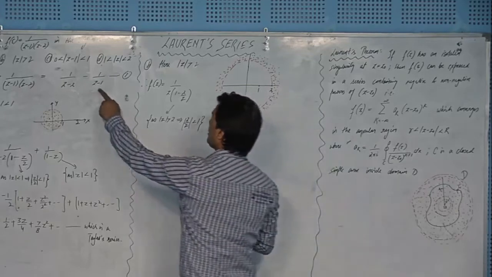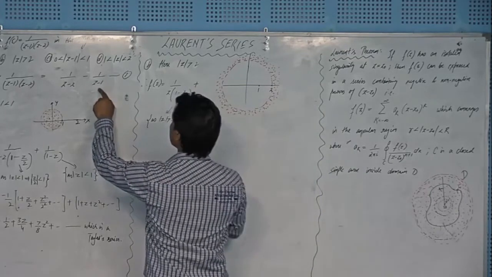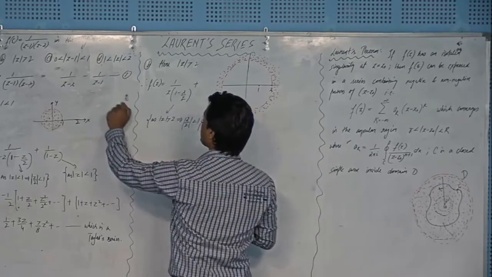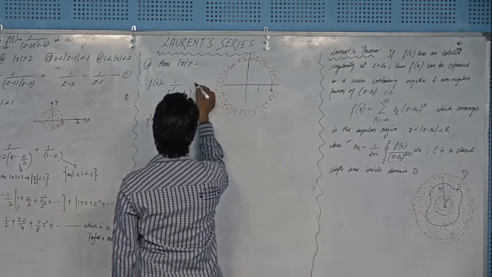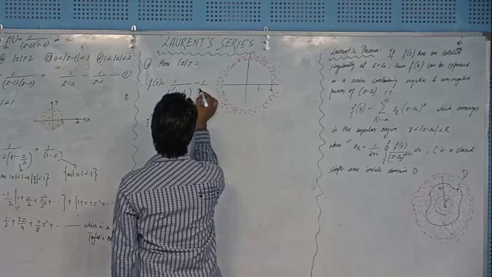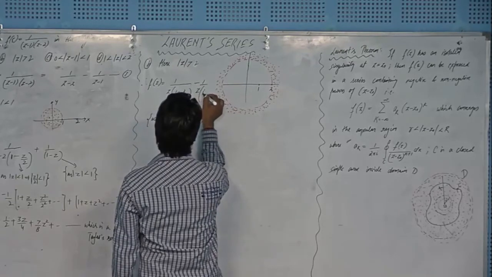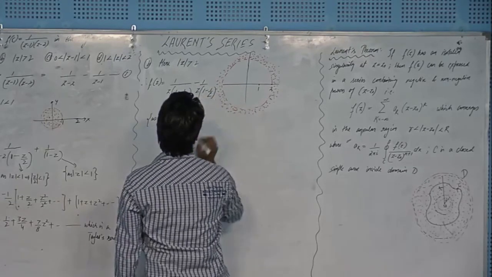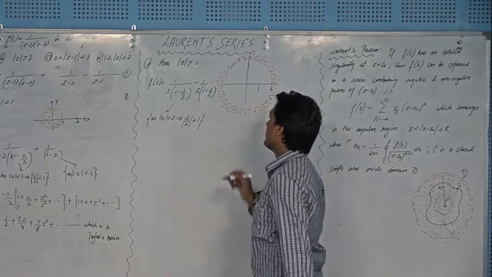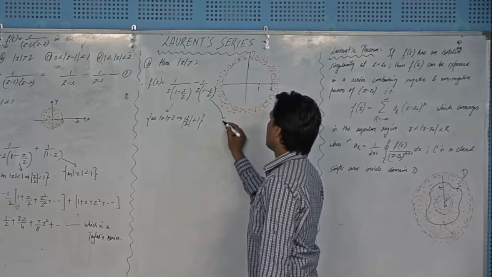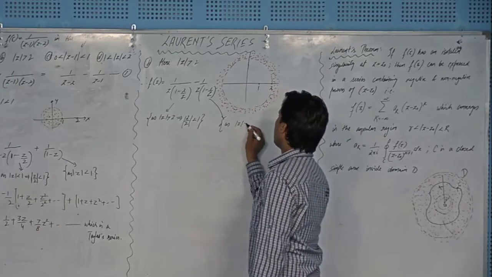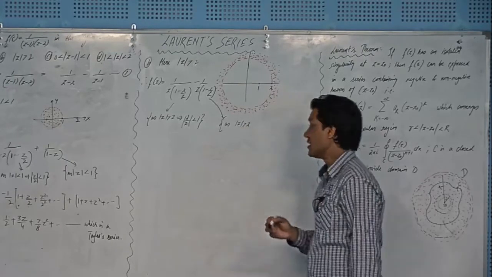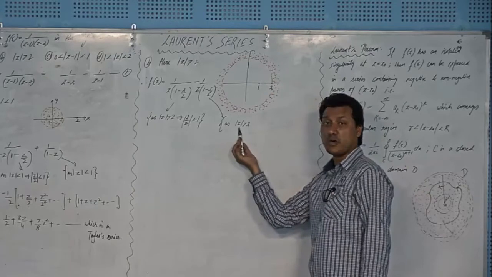And for this one, plus, write it as 1 minus z, or z should be taken common. I think z should be taken common, minus 1 over z, and we'll have 1 minus 1 by z. And why have we taken z common? The reason is this: as mod z is greater than 2, the number is greater than 2, a positive number, it's a modulus.